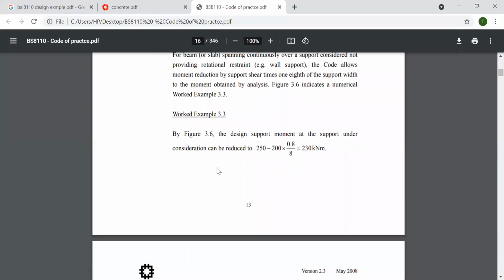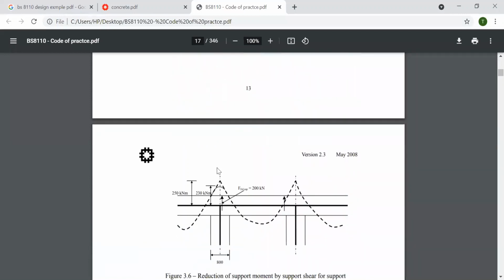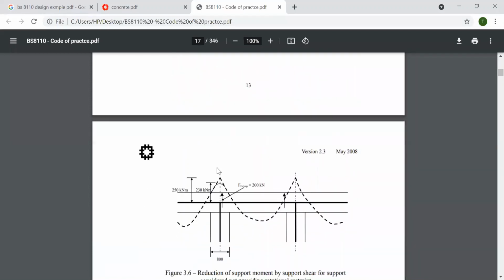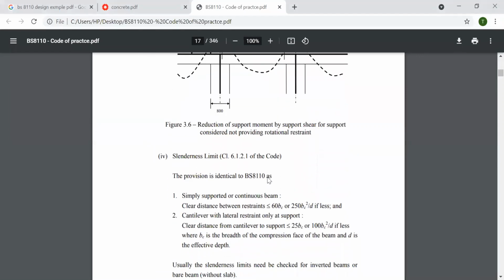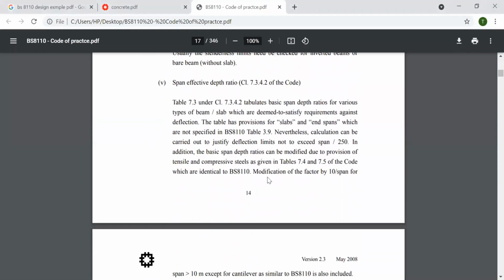This is the work example, the reduced moment. Then the moment distributions are shown here, right? So easily you can read it and understand it.